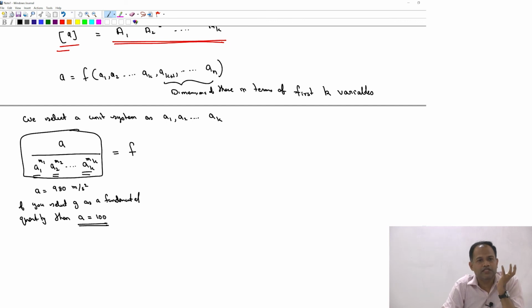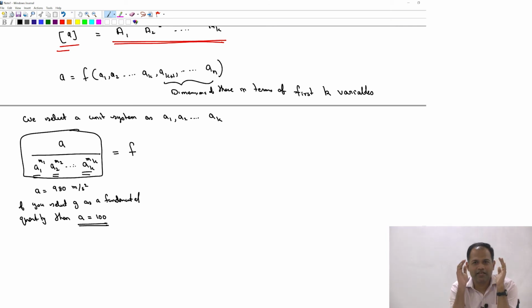Similarly, I can divide any variable by whatever independent variables I have chosen, raised to powers appropriately, and I get the small a measured in a unit system which is spanned by A1, A2, etc. up to AK.